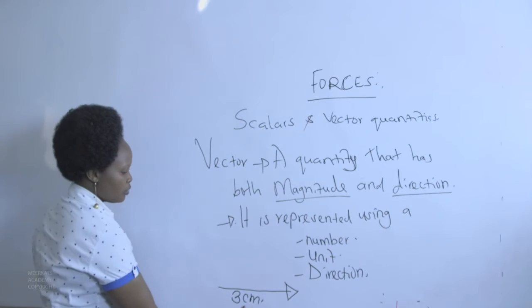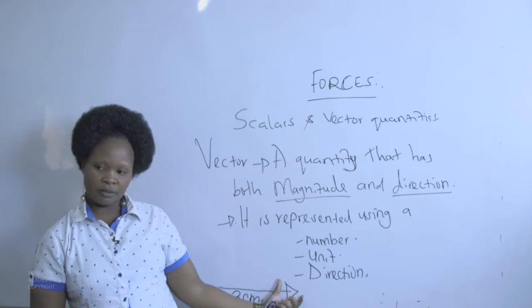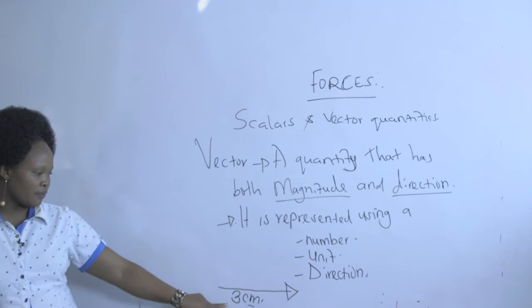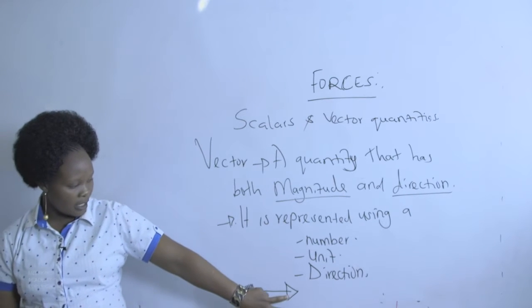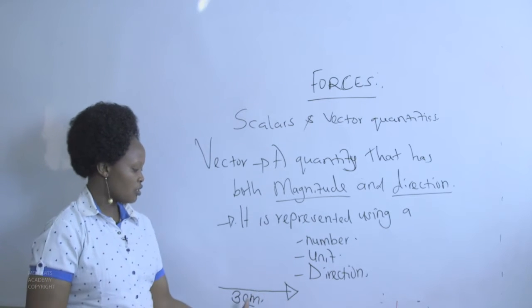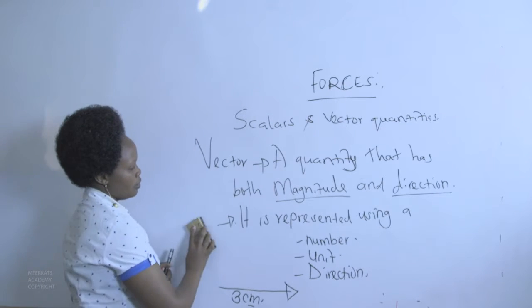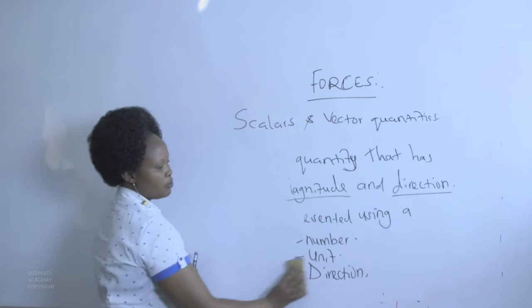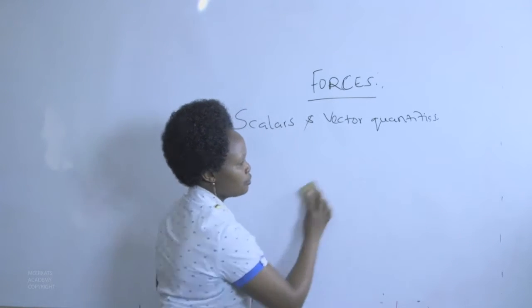Now, the unit is the centimeter, and the direction is given by the arrow head, that the size is 3. The units are centimeters, and then the arrowhead should give us an idea of the direction in which this quantity is acting.